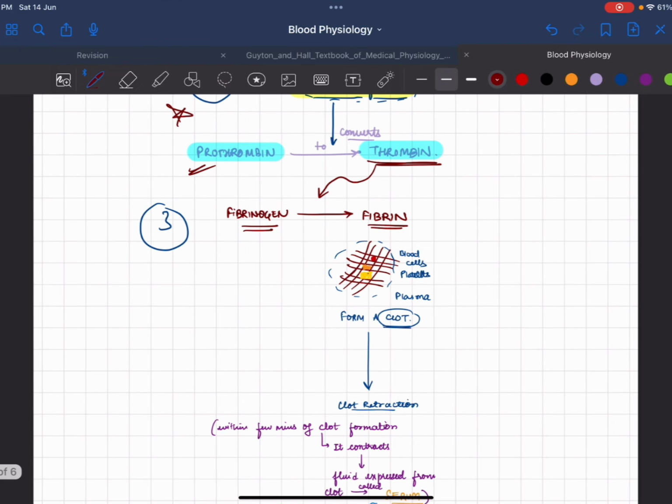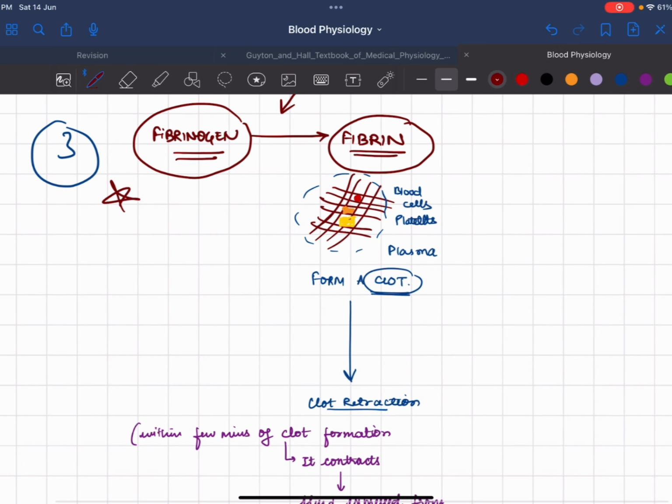Then we come up to the third step. It is thrombin. The thrombin which is formed actually converts fibrinogen into fibrin. Okay, and what exactly does fibrin do? Which further forms a clot. Okay, what is a clot? Blood cells plus the platelets and plasma.